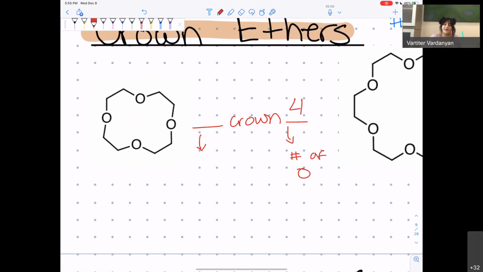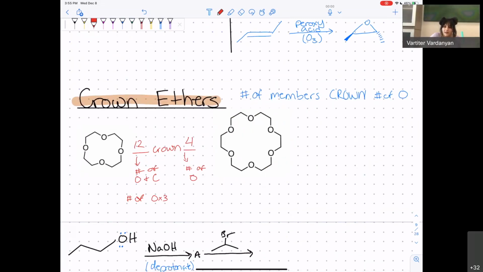The bigger number is number of O plus C. And instead of sitting there and counting, you can always do number of O times 3, which is 12. For the second one, we have 1, 2, 3, 4, 5, 6. 6 times 3 is 18. So 18 crown 6.